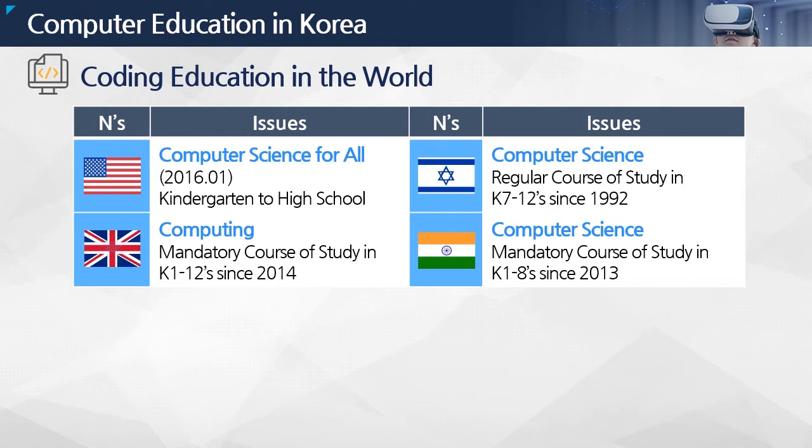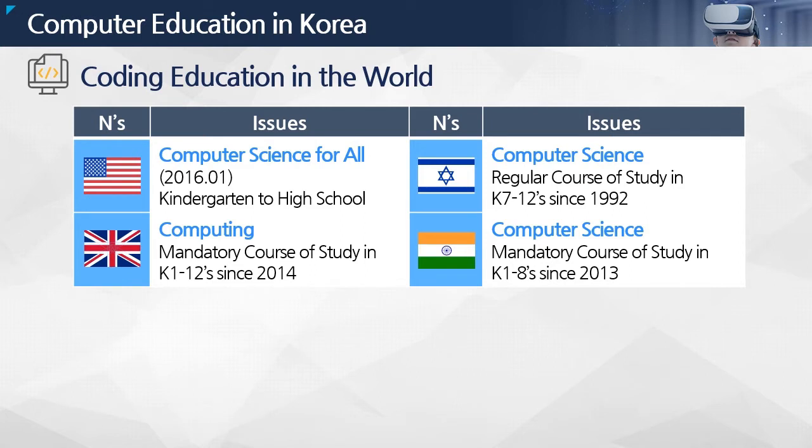Countries around the world are also accelerating the implementation of computing education. In 2016, the US set up a plan to teach computer science in all schools, from kindergarten to high schools, and Israel has already organized and implemented a computer science curriculum since 1992 for students from K7 to K12.